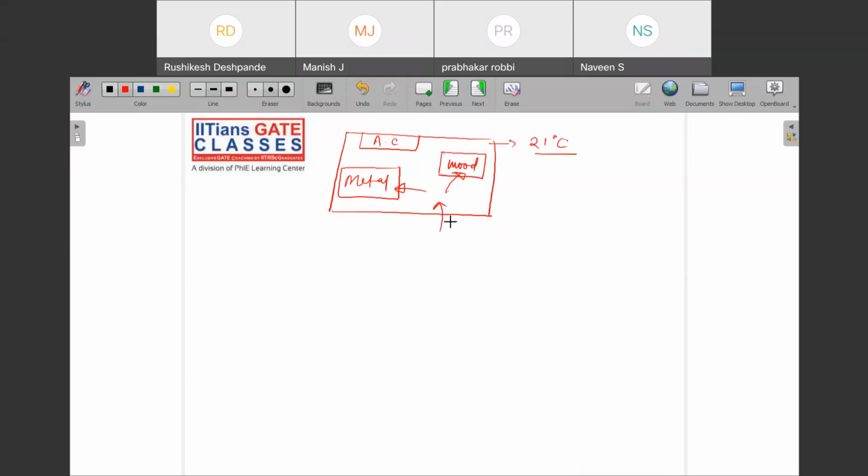But this is mystic, right? This is demystifying. Why? Because your zeroth law says that if there is a body, here this is your room, which is body C, and there is a body A in thermal equilibrium with body C, and there is a body B, also in thermal equilibrium with body C, again that room, then the zeroth law tells you that TA must be equal to TB, and this is true also.